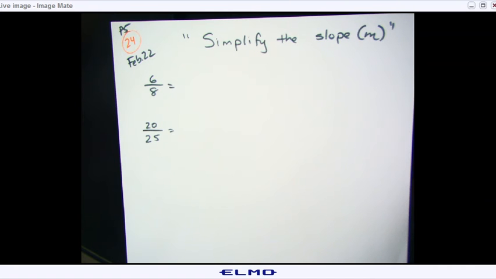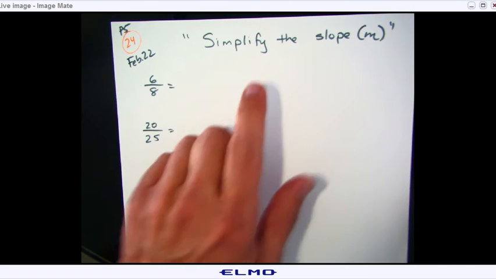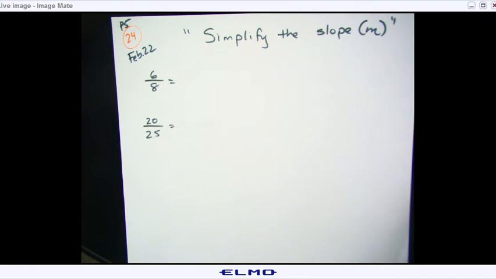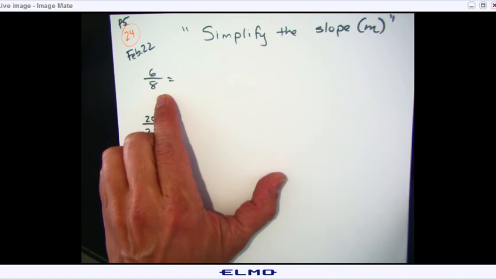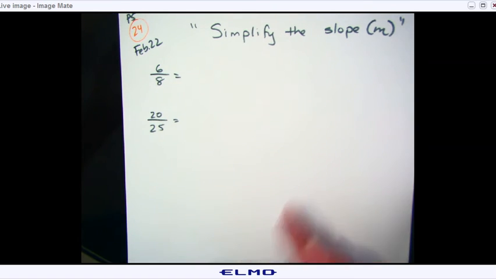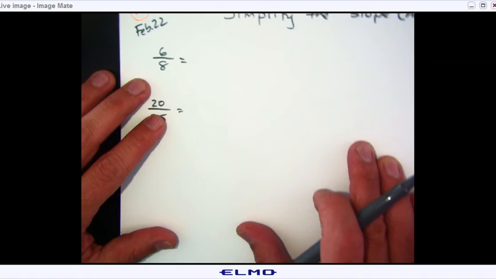Before we do this, simplify means to put it in another way, for example, 6/8. What is equivalent to 6/8? So you have to simplify. There are two ways to do fractions.